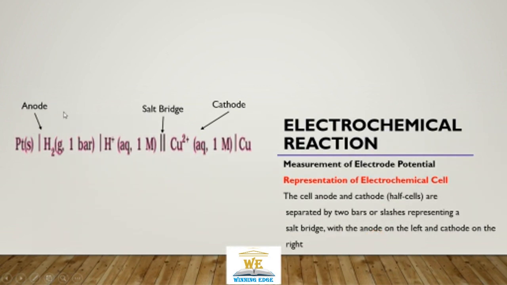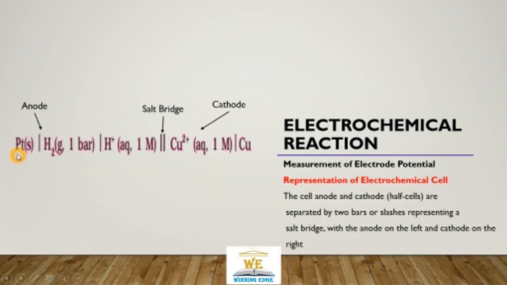In our electrochemical cell, the anode is on the left side and the cathode on the right side. So on the left side, at the anode, oxidation occurs. At the cathode, reduction occurs.